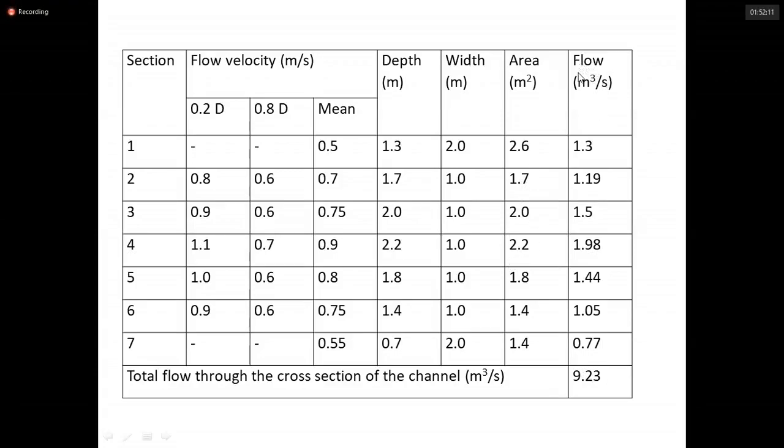Then, how to calculate this flow or discharge? It is area into mean velocity. So, 0.5 into 2.6 is 1.3. 0.7 into 1.7 is 1.19.